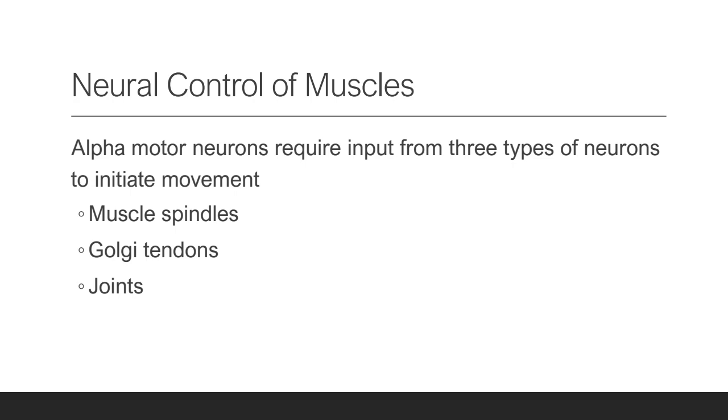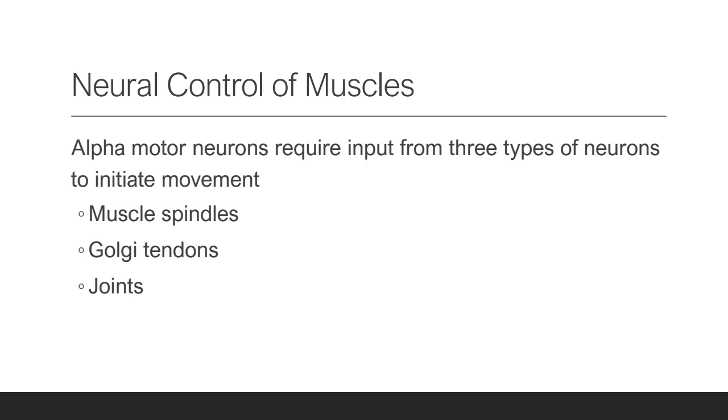Our alpha motor neurons get input from 3 types of sources in order to initiate movement. We've got muscle spindles, we've got Golgi tendons, and we've got joints. Muscle spindles, we'll start looking at those next, but they're specialized sensors that help to form the feedback loops from the muscle fibers to the spinal cord.